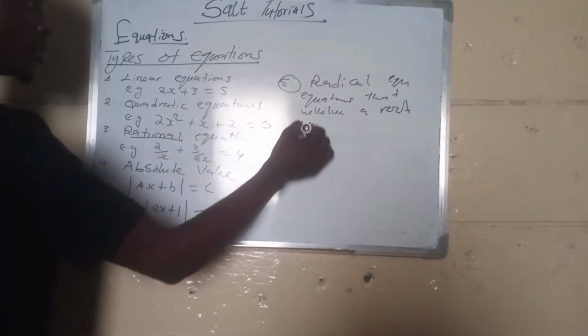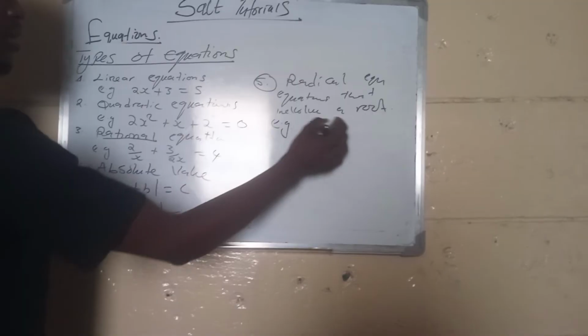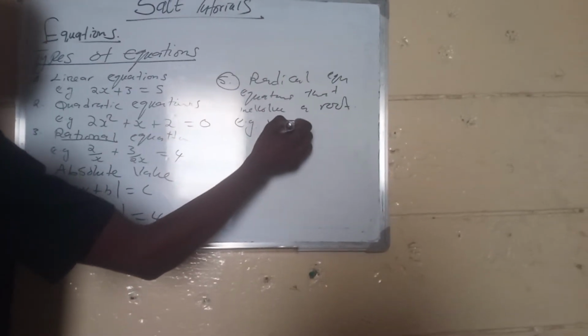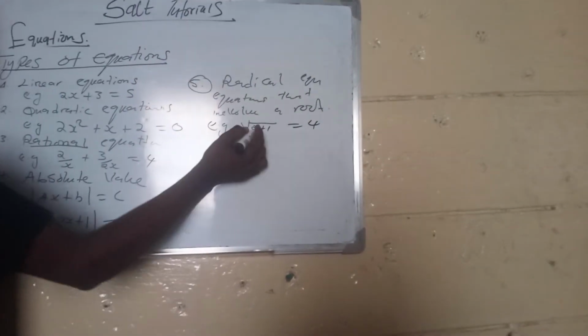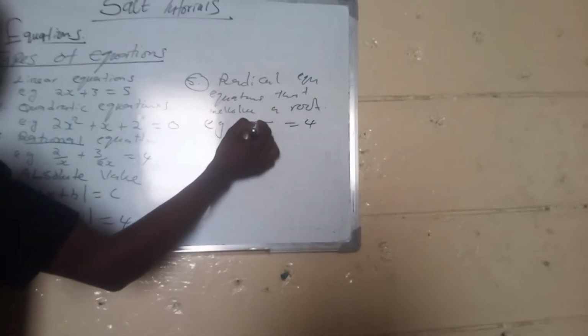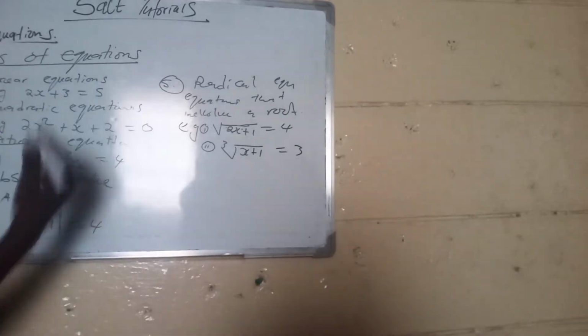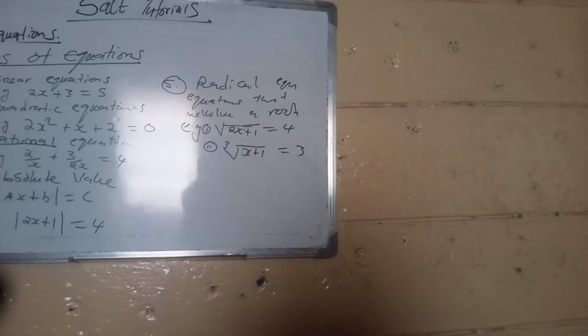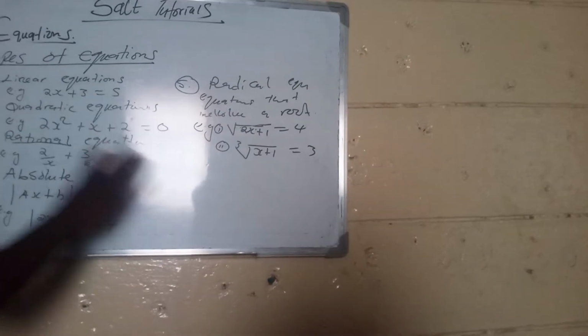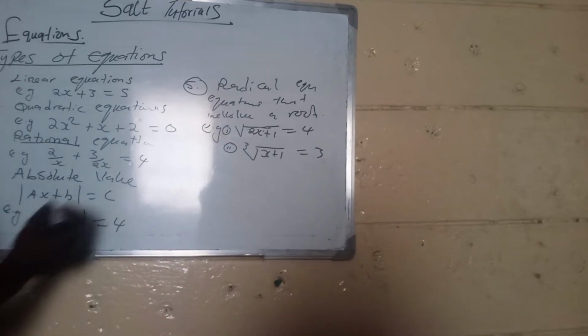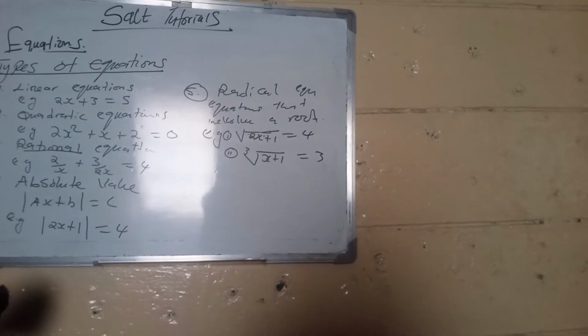Under radical equations, we'll be talking about things like the square root of 2x plus 1 equal to 4, and being told to find the value of x. Or you can have the cube root of x plus 1 equal to 3. We know how to do the cube root. We'll be looking at such equations later on, which are called radical equations.